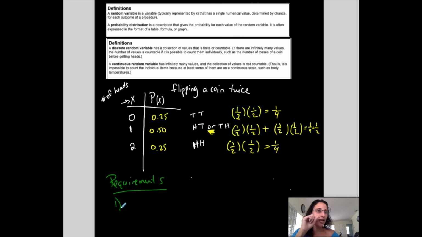The first requirement is, considering that probability is involved, the probability of any random variable has restrictions. All these values cannot be less than 0 or greater than 1. Right? I never have a probability that's negative. I never have a probability that's greater than 1.